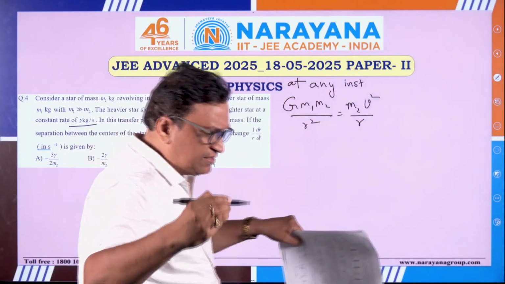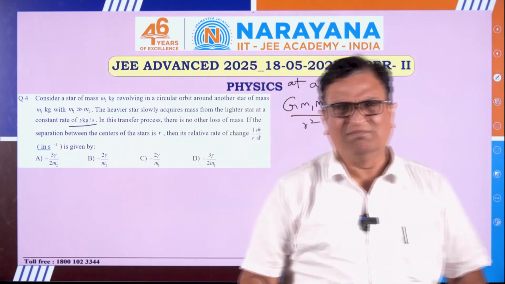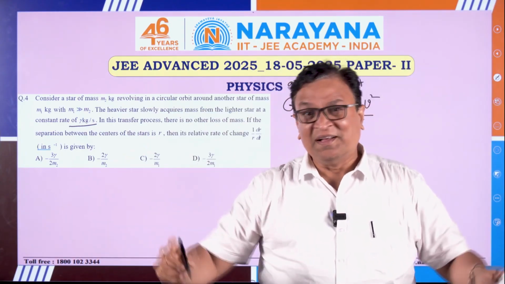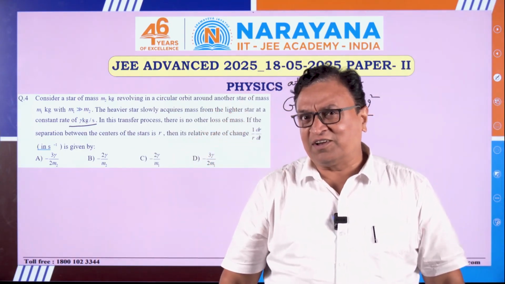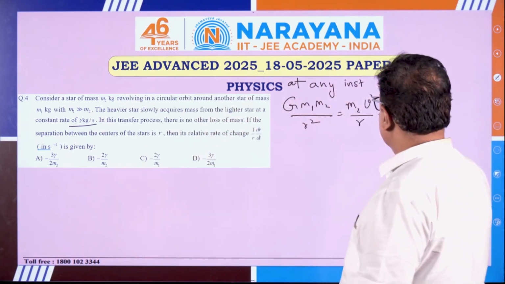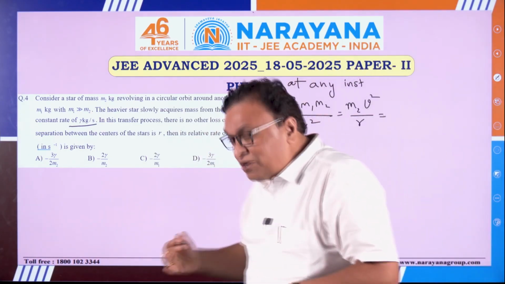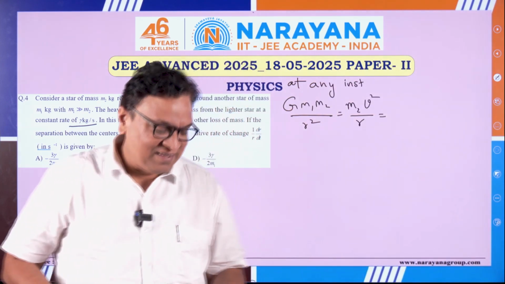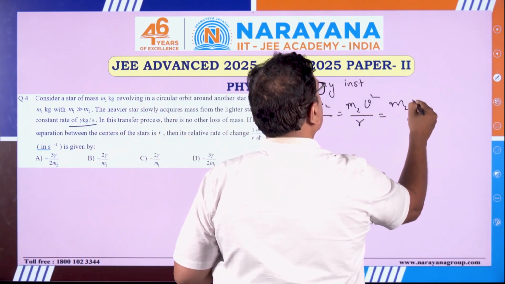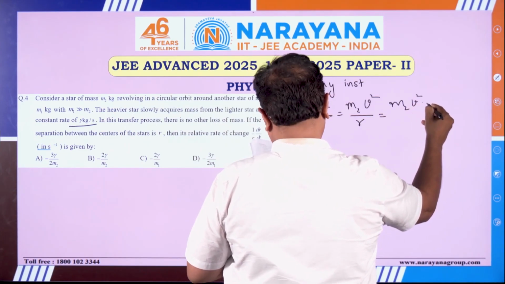And remember, this is a central force system. Gravitational force is a central force. Under the influence of a central force, angular momentum is conserved. So I am converting this into an angular momentum term. That gives me M2 V square R square.